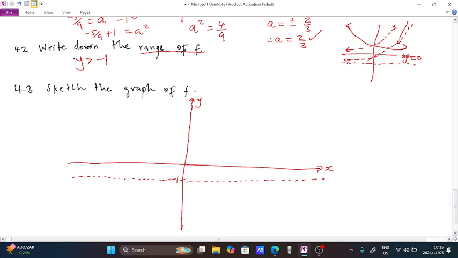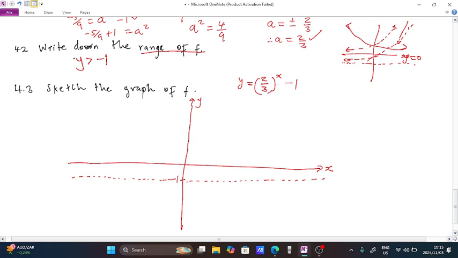Now what is left is to go and get the values, because our function is what? y equals 2 over 3, to the power x, minus 1. Now we can just pick points to get the coordinates.